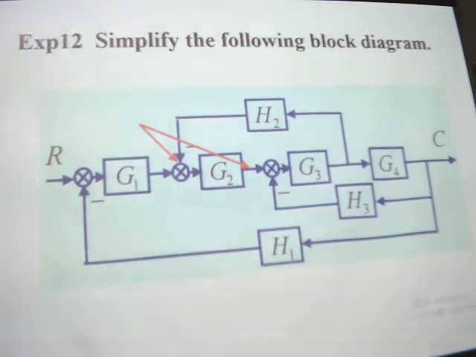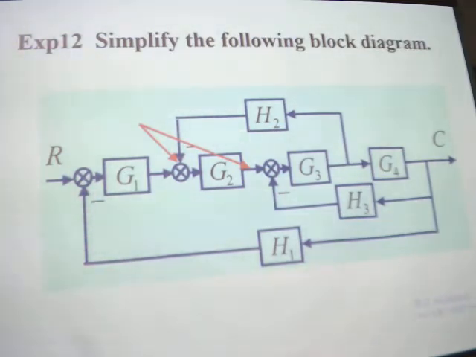And this is where this 2 point, this G2 point. So these 2 points are together, these 2 crossings are together. G3. These 2 points are together.